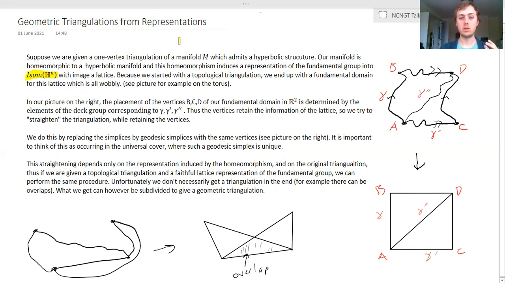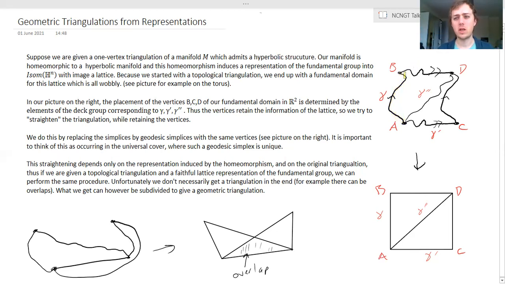So because we started with a topological triangulation, then we end up with a fundamental domain. I've drawn it here as if it were the fundamental domain for the action of Z squared on R squared, which is not hyperbolic, but you end up with a fundamental domain for this. You end up with a triangulation of the universal cover.